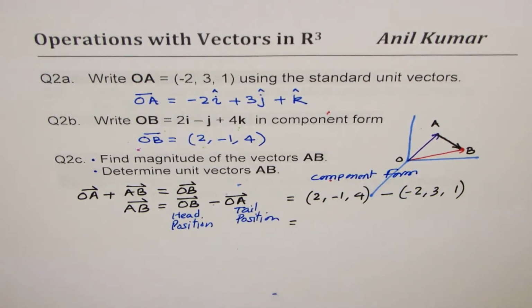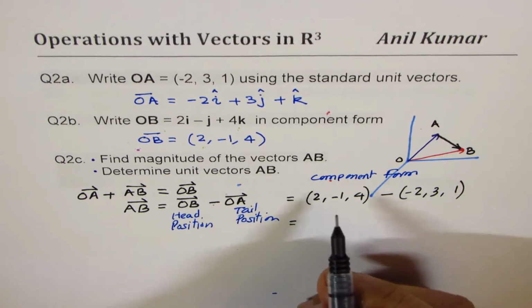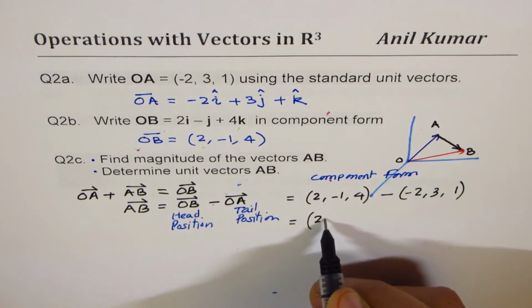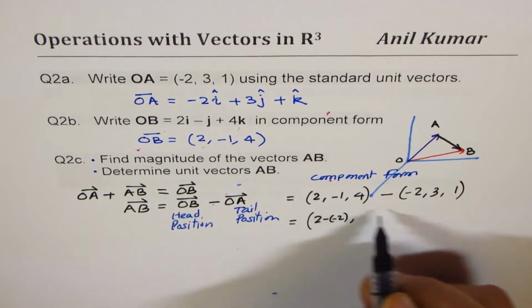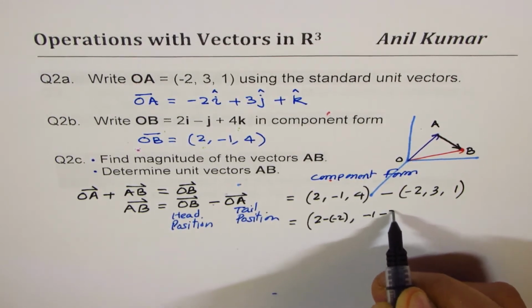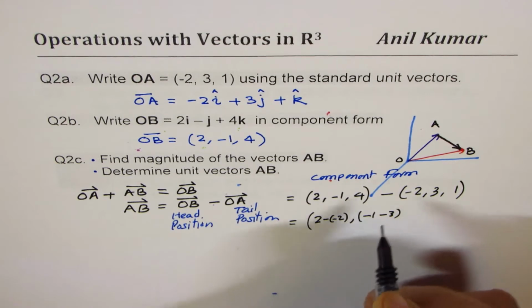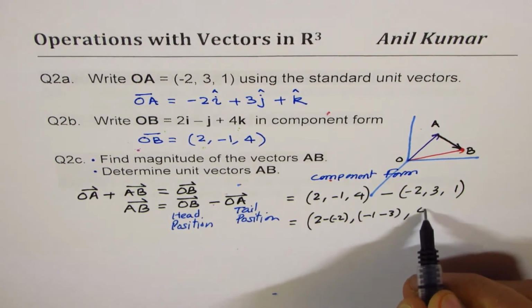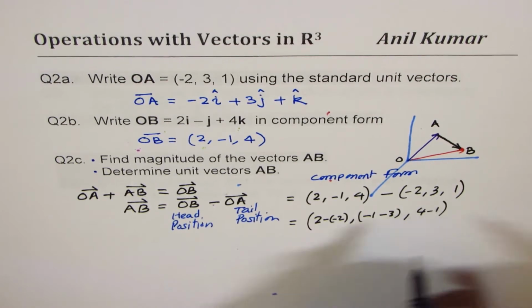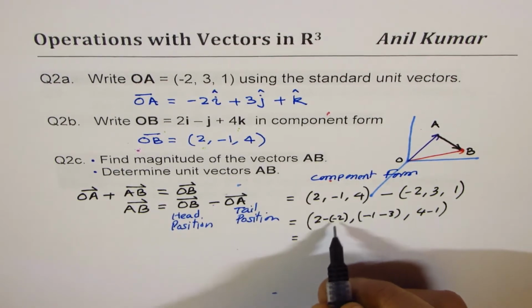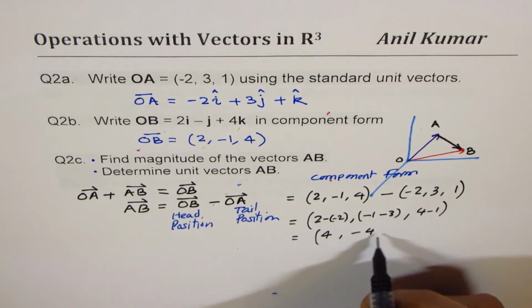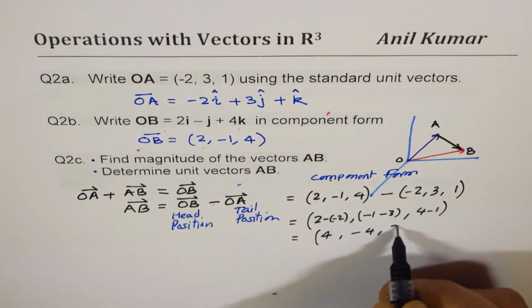These are all new terms for you now, but soon you'll be very familiar with them. So 2 minus minus 2, then we have minus 1 minus 3, and then 4 minus 1. Which gives us 2 plus 2 is 4, here it is minus 4, and then 4 minus 1 is 3.